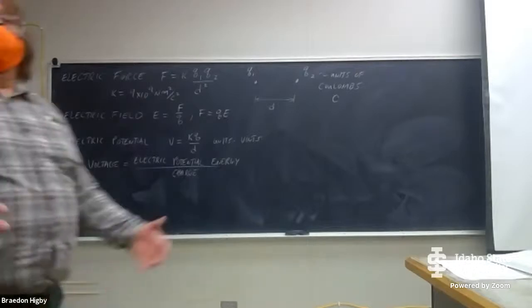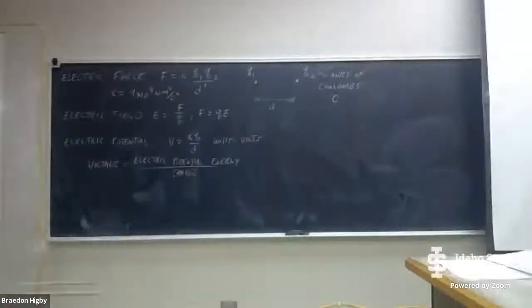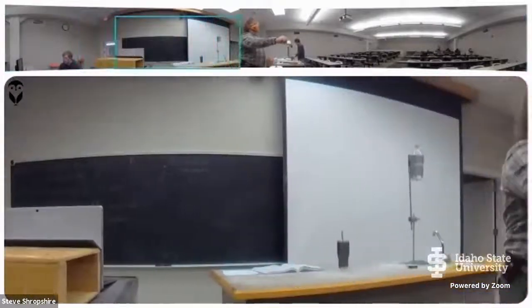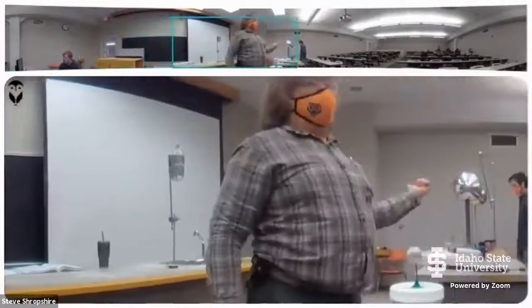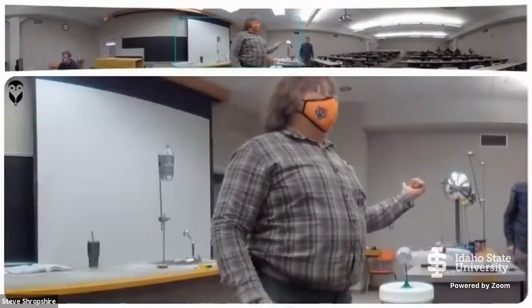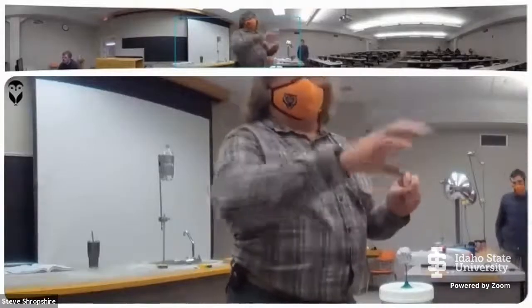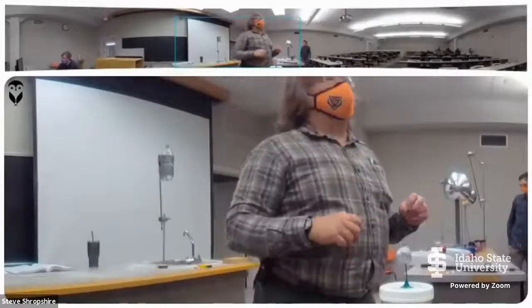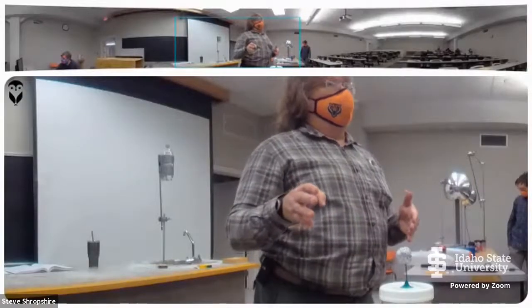So if I say have a whole bunch of charge, say right over here by the camera, that's positive. If I put a different positive charge over here, it's going to be pushed away. And the closer we bring that positive charge to this group of other positive charges, the higher its potential energy.